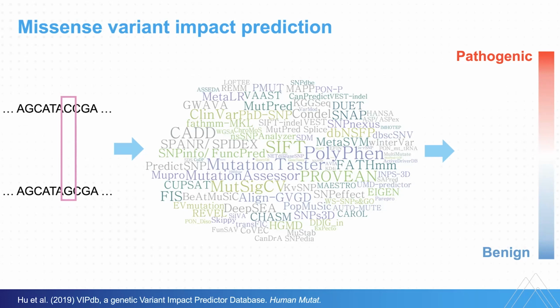And I should mention that they've been developed with very different design intentions in mind. Some of them try to predict the functional outcome, not necessarily disease or not disease. Some of them try to model directly whether the variant is implicated in disease or not. Some of them model specific aspects of function, like protein stability, for example. So they've all been reused or reappropriated for the ultimate question of whether a variant is capable of causing disease or not.